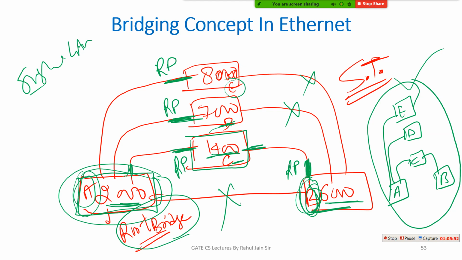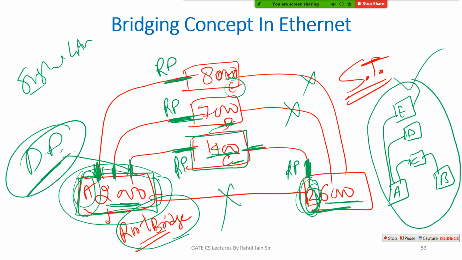You can assign this port and this port as designated ports, but there is no need, as we are discussing in terms of a single lane. But here itself you can again assign designated ports, that this port and this port will be designated ports for this one and this one, and this will be the root port, and these three ports will get blocked.